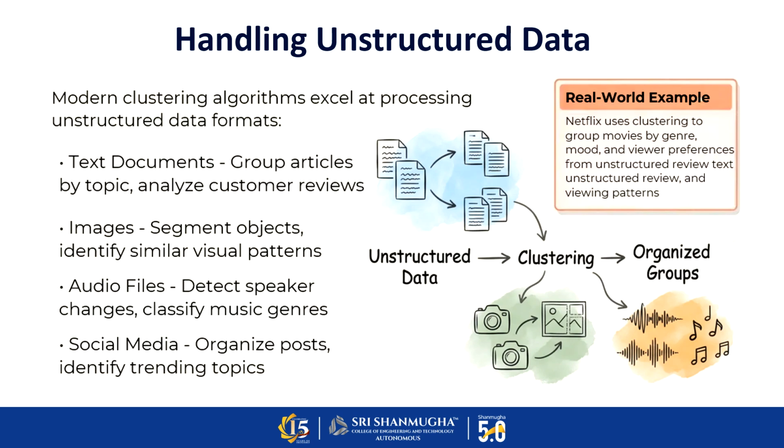Audio files: the next type of unstructured data is audio files, detecting speaker changes in a recorded call (speaker diarization), classifying music into genres, or identifying similar sound patterns. Okay, next one, social media data: organizing social media posts by trending topics, clustering Twitter and Instagram users by behavior, or identifying viral content patterns.